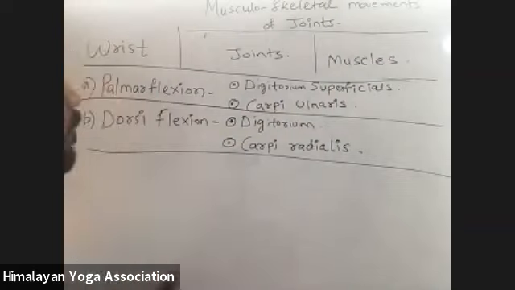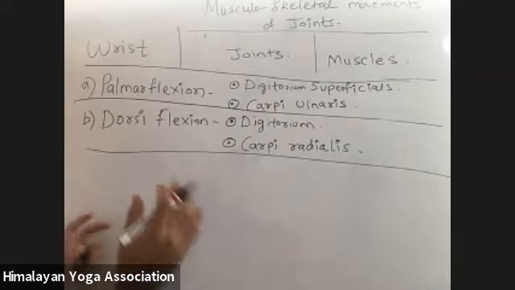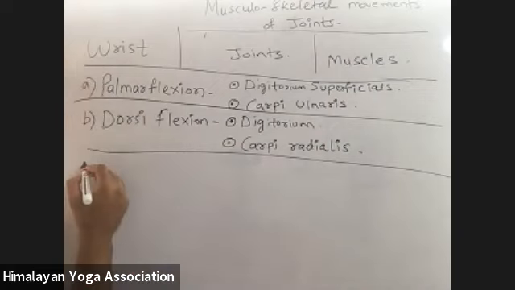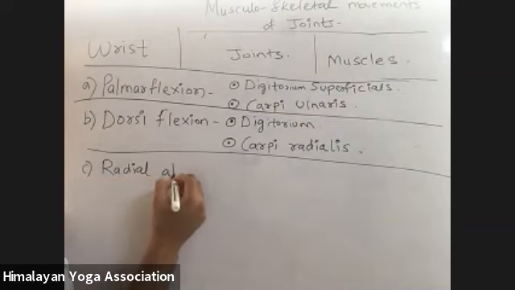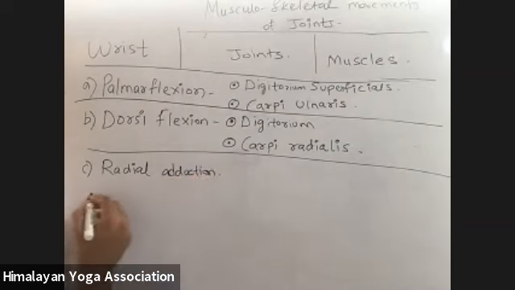The next two movements of the wrist are radial abduction as well as ulnar abduction. So two words: the radial abduction movement, or we can say radial side abduction, and we do have ulnar abduction.